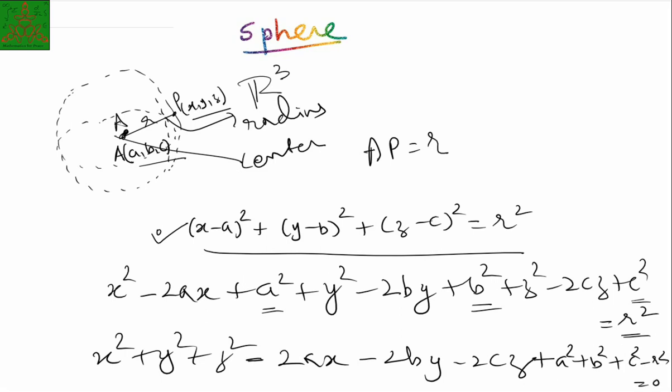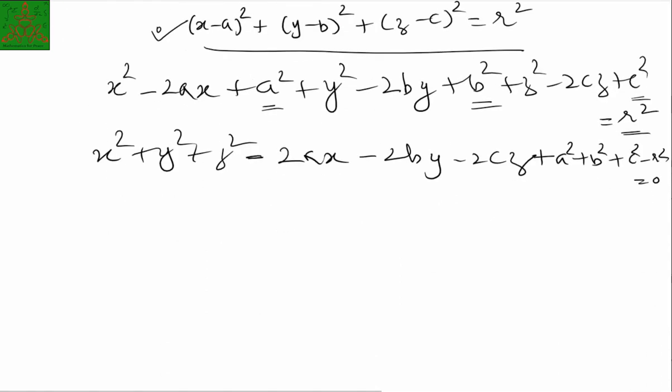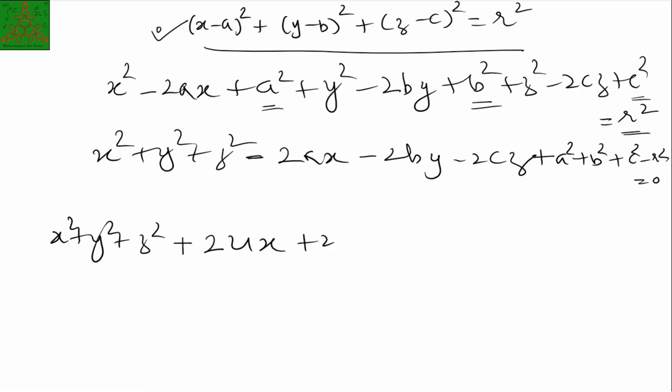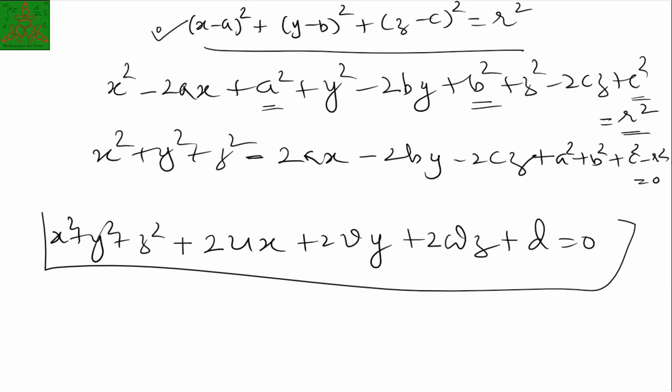So the general equation of the sphere in Cartesian or quadratic form can be written as x square plus y square plus z square plus 2ux plus 2vy plus 2wz plus d equal to 0. This is the general equation of the sphere in R3.